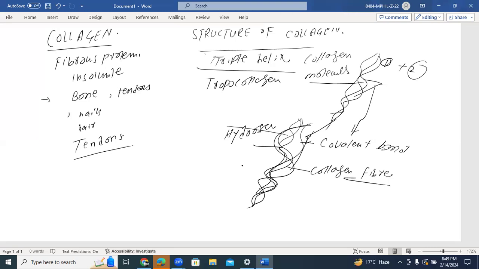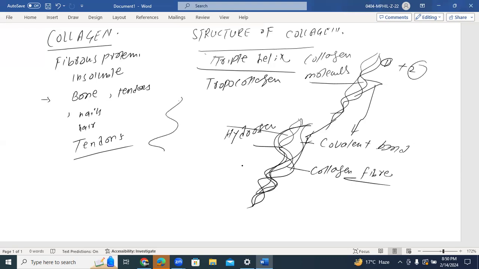So this is the second type of protein, which is called collagen. Here you should keep in mind its function, and we will talk about its structure, like how its structure is. Definitely it is a fiber. This fiber is an elongated structure, and elongated structures in proteins are helices.